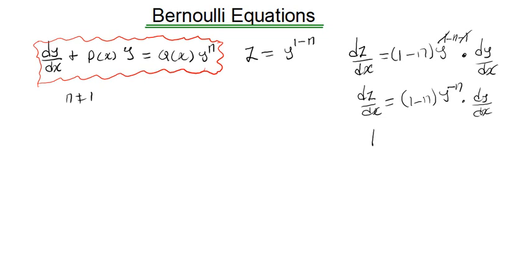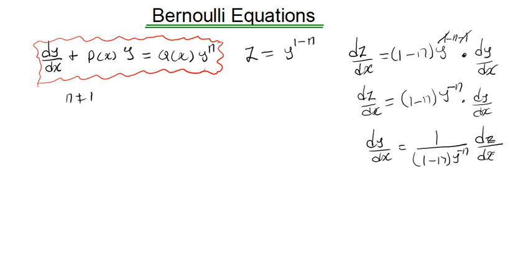So this is going to be dy dx will be equals to, here we just simply divide both sides by what you have here. And what we are going to get is 1 over 1 minus n times y to the power negative n multiplied by dz dx.